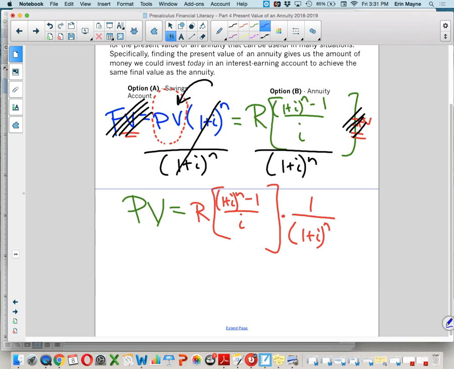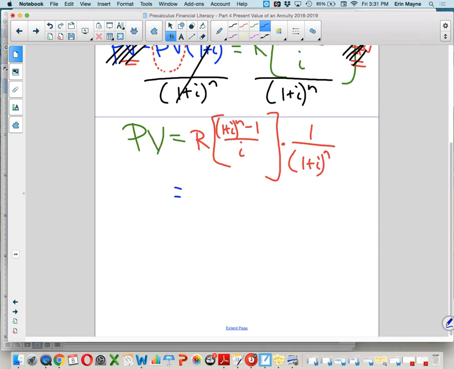And then I'm going to remind myself how fractions work. I can think of this as r over 1. I can multiply across the top to give me r times 1 plus i to the n minus 1, technically times 1, though obviously I wouldn't need that, all over i times 1 plus i to the n.